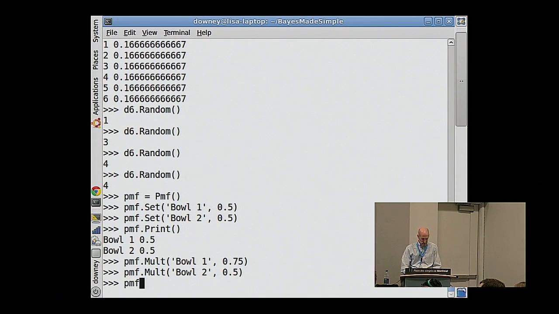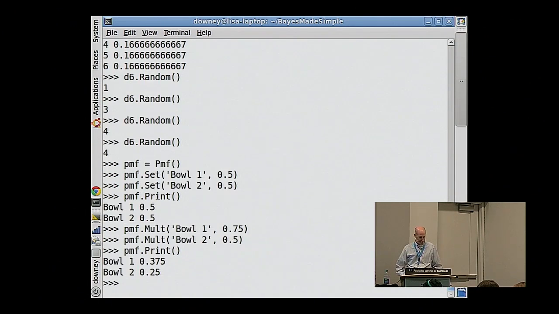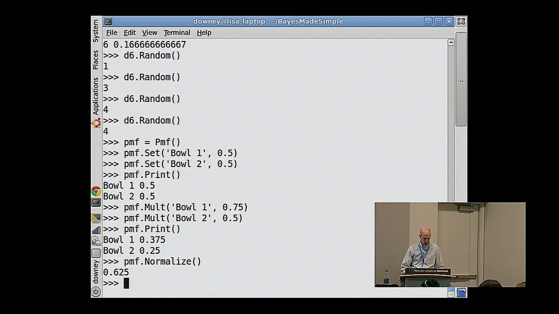If you print the PMF now, you will see that it's not normalized anymore. Okay? So those values, those probabilities are now relative, they are correct relative to each other, but they're not normalized. I need to divide through by the total likelihood of the data, and that's what normalize does. The return value from normalize is the total likelihood of the data. And that's the probability of D, also called the normalizing constant.